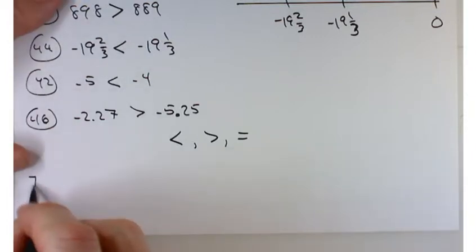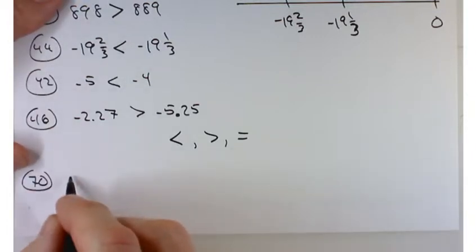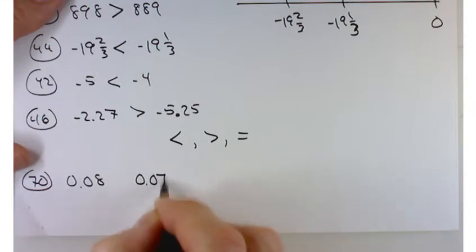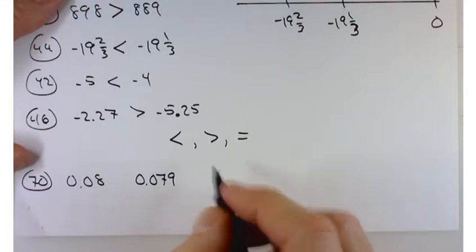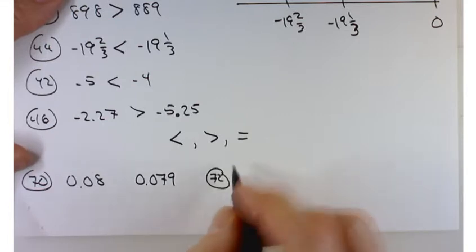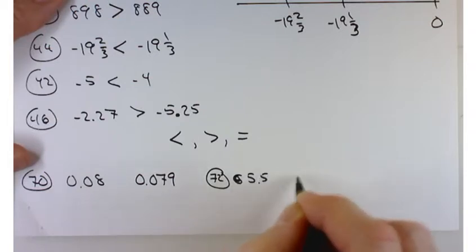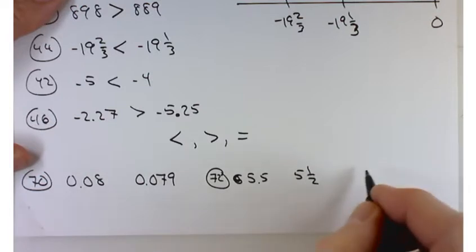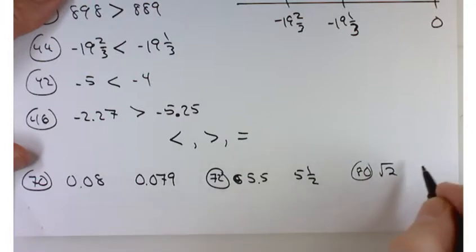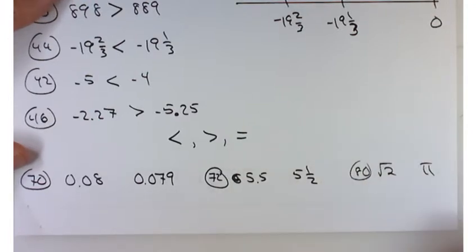Problem number 70 gives you 0.08 and 0.079. 72, 5.5 and 5 1/2. And finally, 80 is the square root of 2 and pi. So let's figure out what signs we're going to put in between each of these.